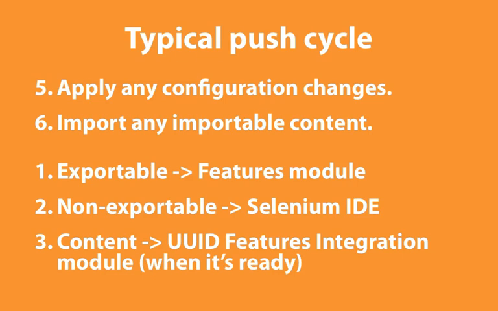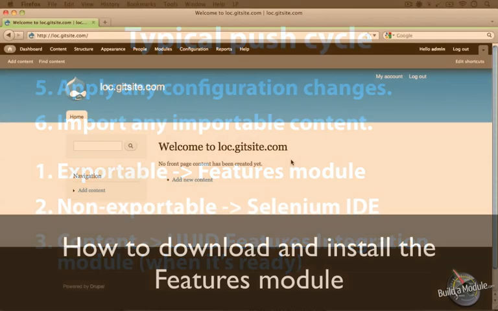And the UUID features integration opens up things like users, nodes, taxonomy terms, all of these things and more to features so they can be version controlled just like any other type of configuration. Let's go ahead and begin by integrating the features module. The features module will allow us to pull the majority of configuration that's important to us into code. And so it's going to have the greatest net effect of improving our deployment process.